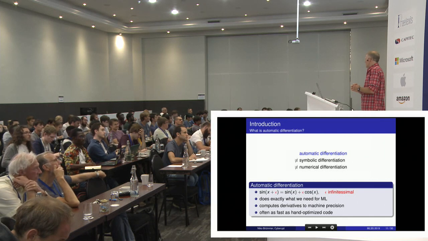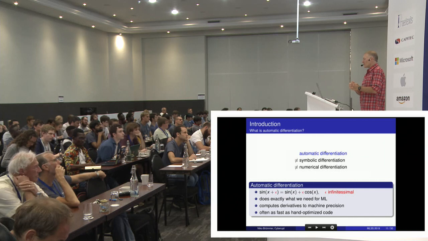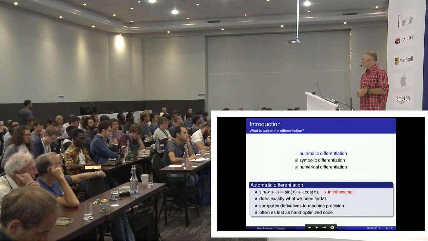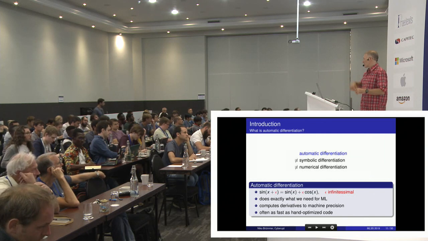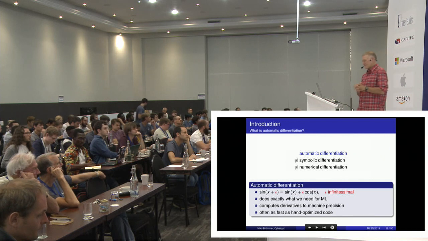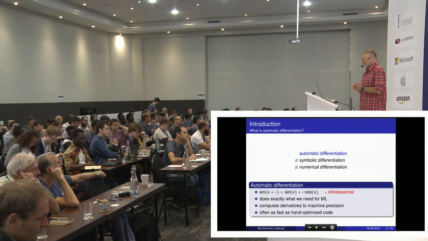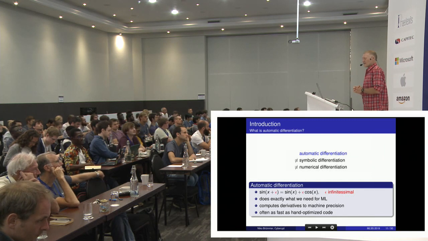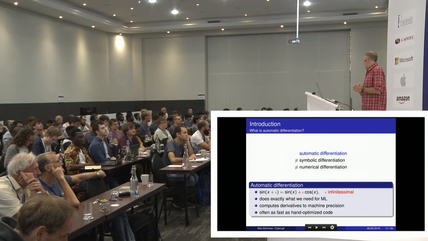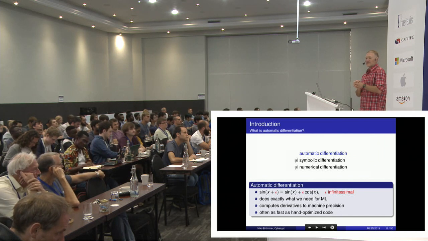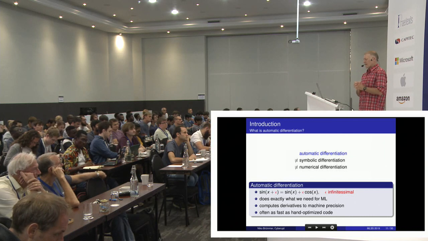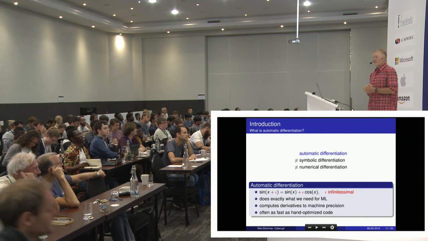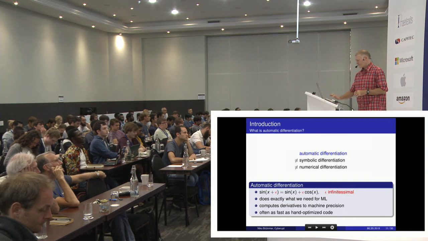But anyway, in principle, you can send one argument into your function, and on the other side you will get an answer with two components: the function value, and you can harvest the derivative almost for free, it seems. I'll explain that later, of course, but it does exactly what we need for machine learning. It evaluates the derivatives at the place you're interested in. It does this to machine precision, typically, and it can often be as fast as hand-optimized code.